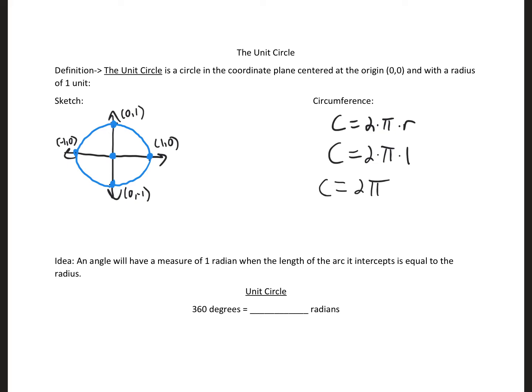So let's talk about the idea of radians. An angle will have a measure of 1 radian when the length of the arc that it intercepts is equal to the radius.